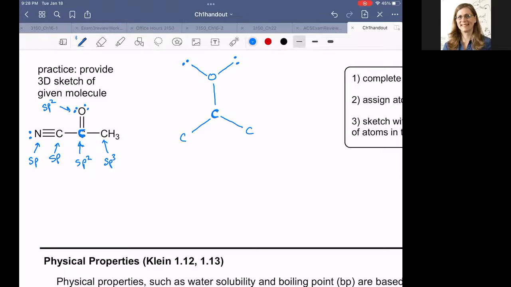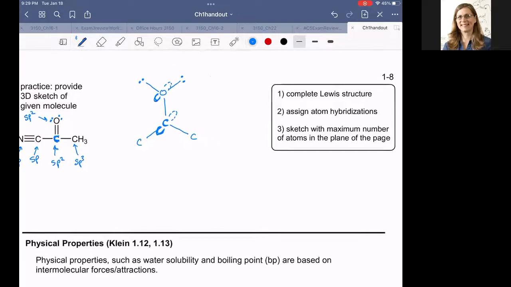Okay, and how would we draw a p orbital? I'm sorry, how do we draw a pi bond? The pi bond is made by adjacent aligned p orbitals. So once again, I'm going to draw them in the y and the z axis, sticking straight out and straight back, because the goal here is I want to put as many atoms in the plane as possible.